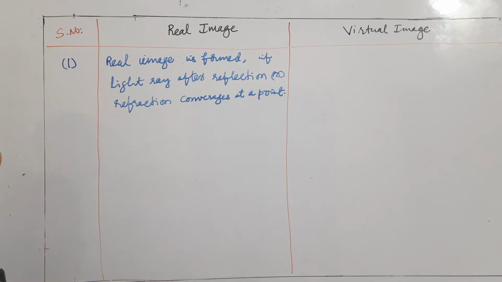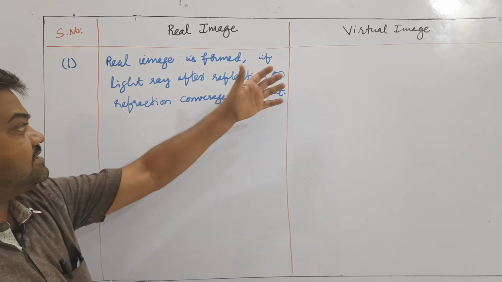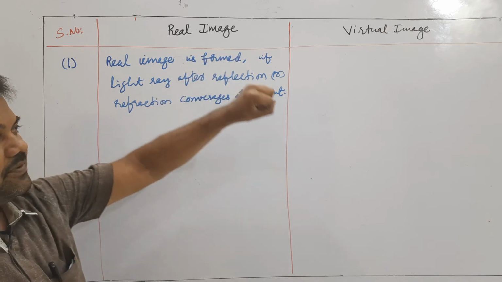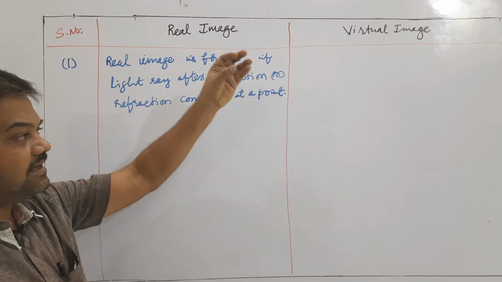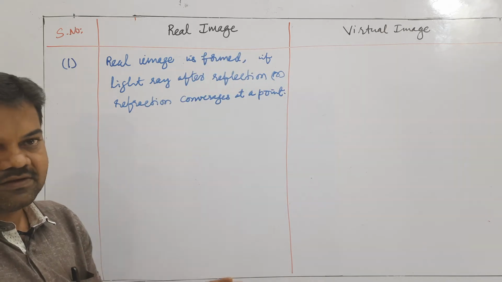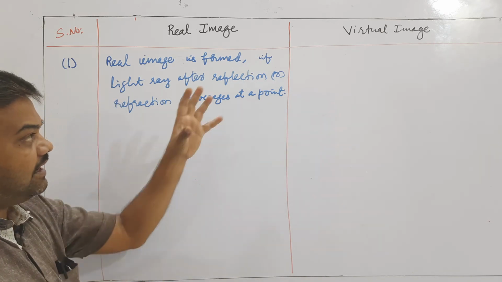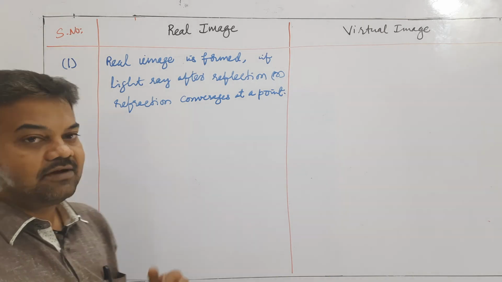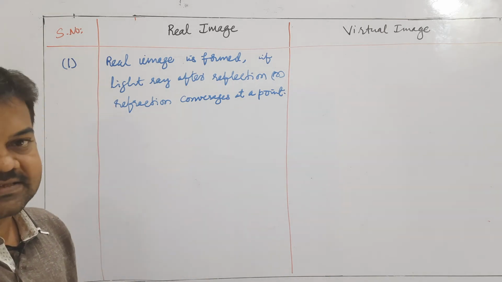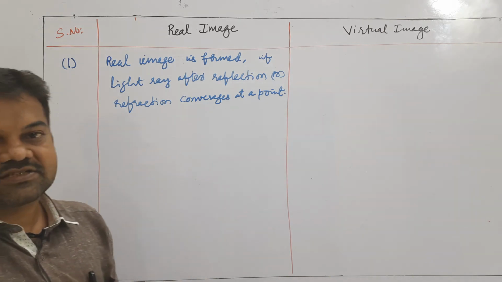What about a virtual image? A virtual image is the image that appears to diverge from a point, or appears to come from a point. That image we call a virtual image, which we discussed in convex mirrors.